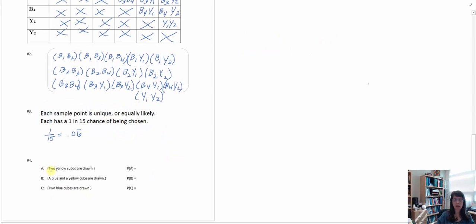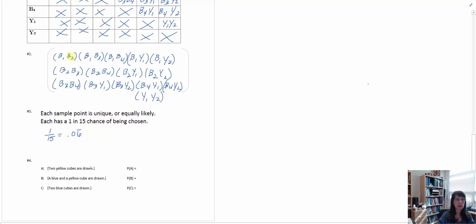So in part 4, we have 3 different events being described. Event A is that 2 yellow cubes are drawn. Event B, a blue and a yellow cube are drawn, and event C, 2 blue cubes are drawn. So if we go back and look at event A, 2 yellow cubes are drawn.